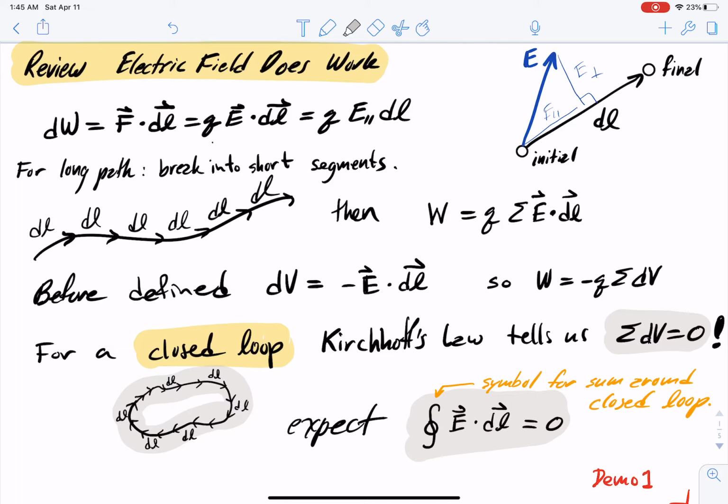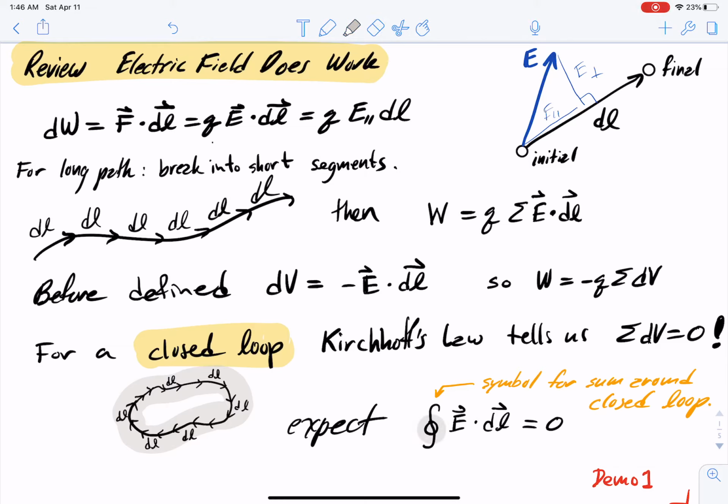Now we have a special symbol here, which is just the same as this sum, but it's only the sum for a closed loop. So this little circle in the middle is supposed to remind us that it's a closed loop. Okay, so this circle is very important.